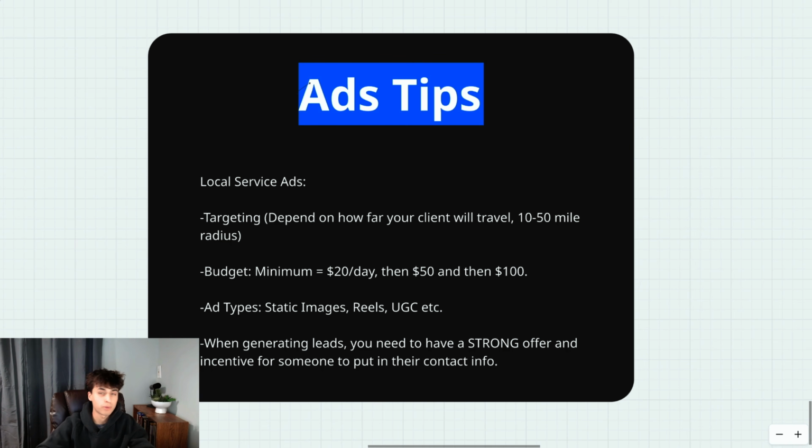So for example, if I'm going to run an ad for a business in Dallas, Texas, I'm going to put in for the targeting within the ads manager, which I'll show you in a second, Dallas as a city plus a 15-mile radius. So now I'm targeting the entire city of Dallas plus a 15-mile radius.